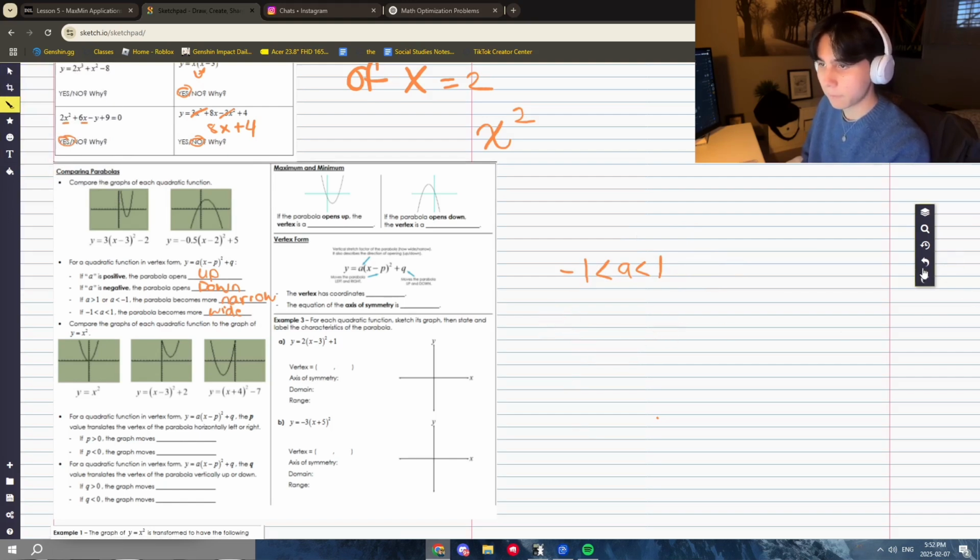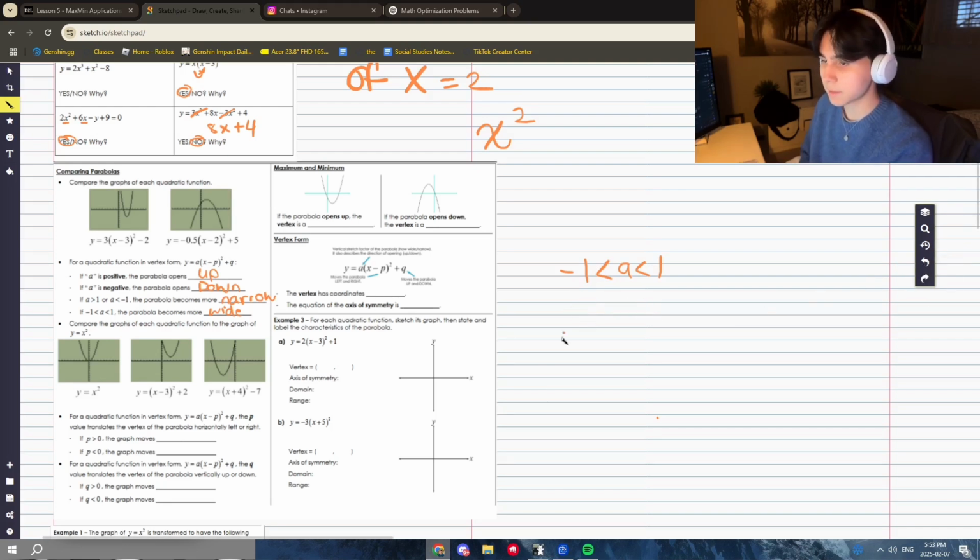Effectively what this means is it just has to be a decimal starting with 0. Negative 0.89 for example would work, 0.3 would work, 0.03 would work. But it cannot be equal to -1 or 1.